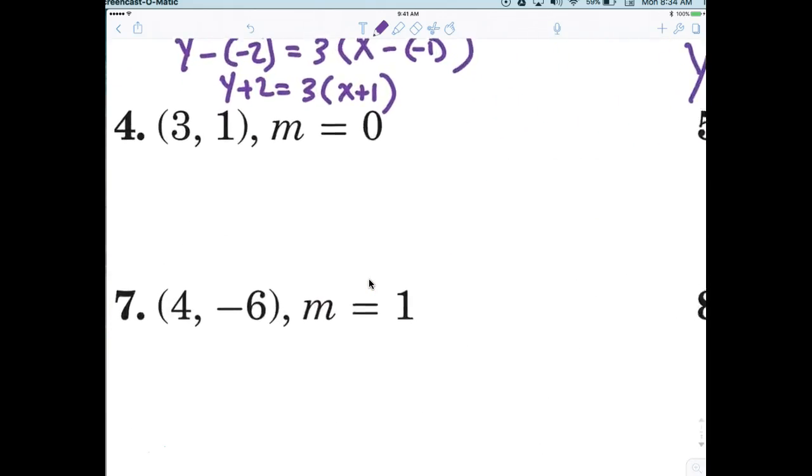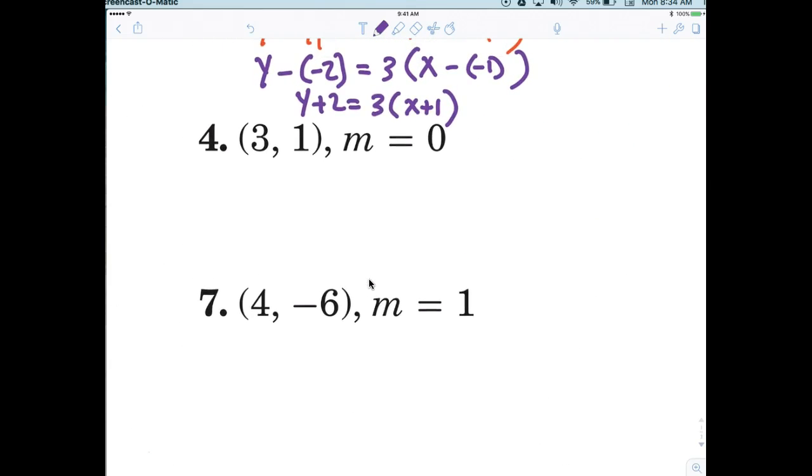Now, for number 4, I need everybody to highlight this. I don't make my kids do this, but when the slope is 0, I just want you to know, it's always what type of line? Horizontal. Right? So the answer is just y equals whatever y is.